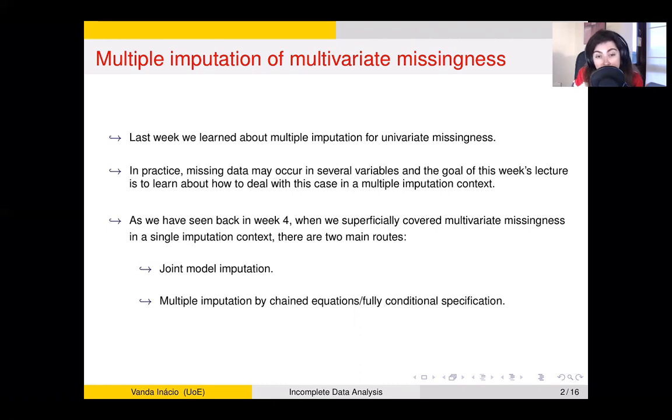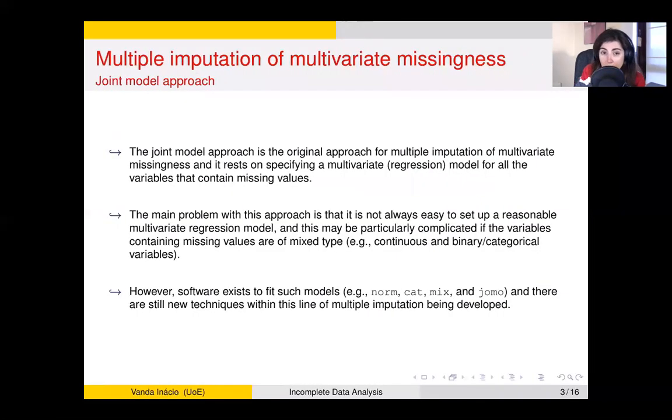We can do the so-called joint model imputation, or we can do multiple imputation by chained equations, also known as the fully conditional specification approach. And we have seen in week 4 that the joint model approach is the original approach. So it was the first approach to be proposed for the case where several variables have missing values.